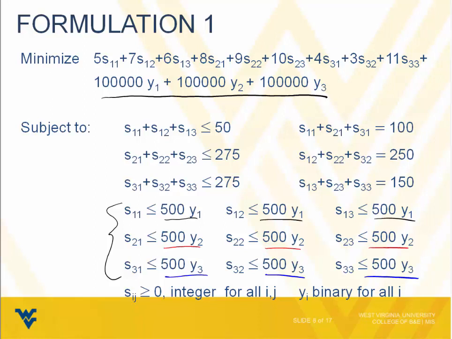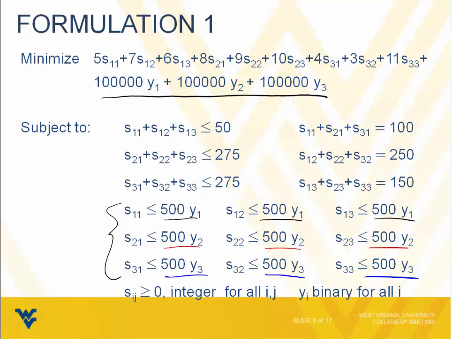That tells us that we can actually combine those three constraints on each row to make one constraint, right? Because what we could say is the amount we ship out of warehouse 1 has to be less than or equal to 500 times y1, right?